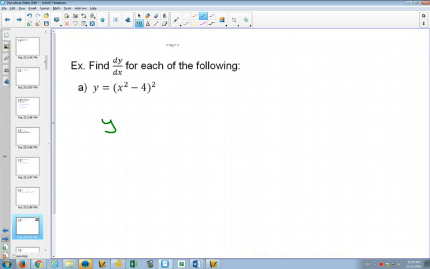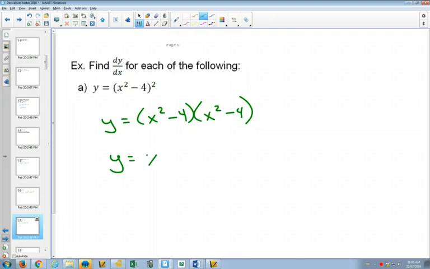So if we actually square this, x squared minus 4 all squared means x squared minus 4 times x squared minus 4. And if we multiply that all out, we'll get x to the 4 minus 8x squared plus 16.